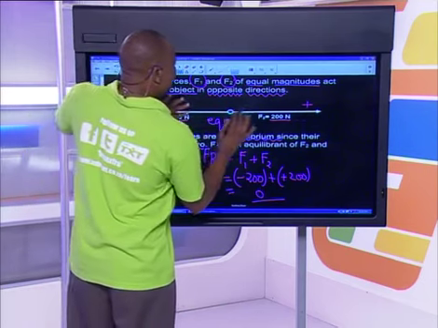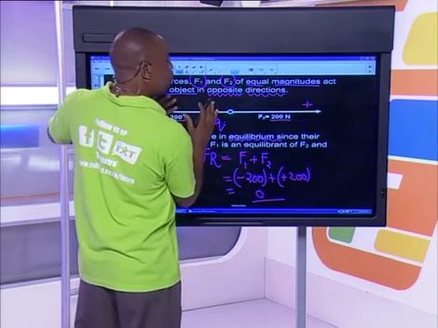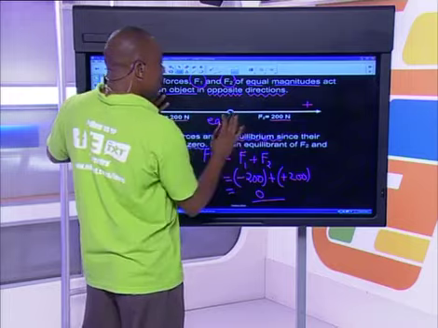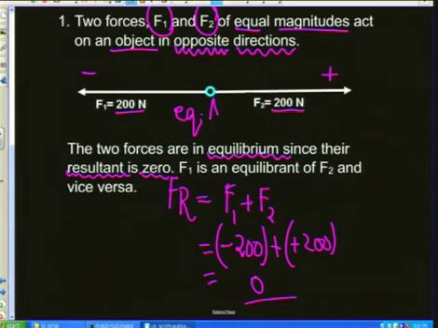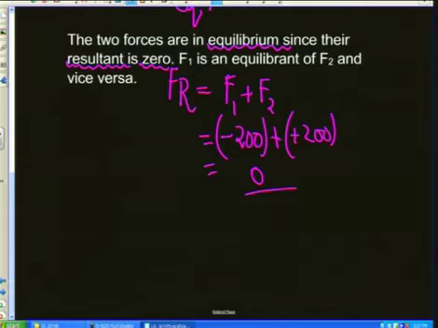If I look at F2 without F1, we were going to have a resultant on that object there. But once I place F1 on, then I bring the object to a state of equilibrium. Therefore, it means that F1 is an equilibrium of F2. So you can say that F1 is equilibrium of F2.